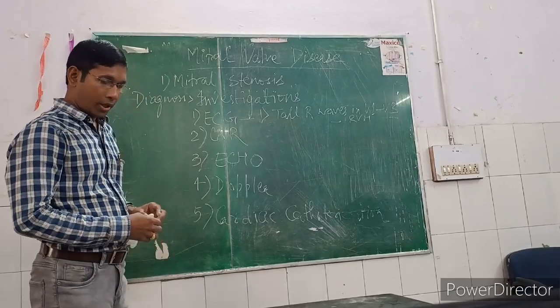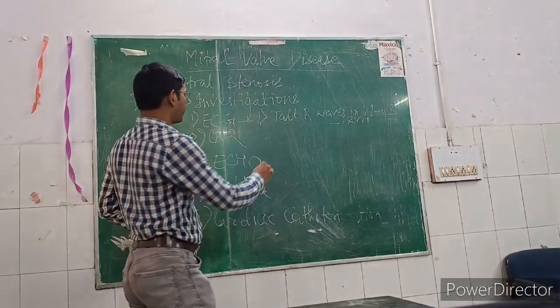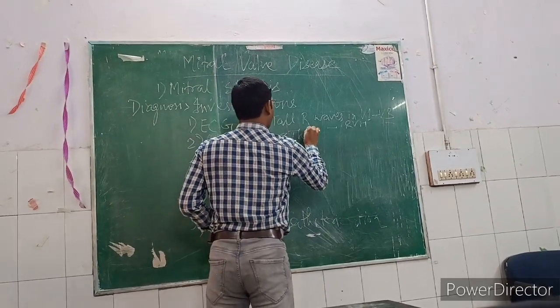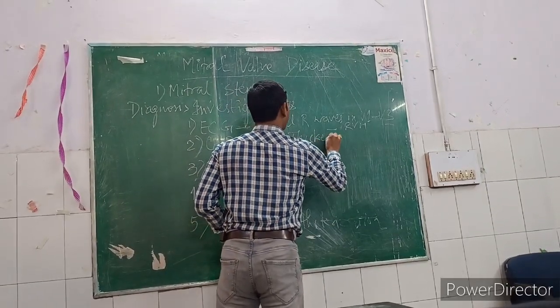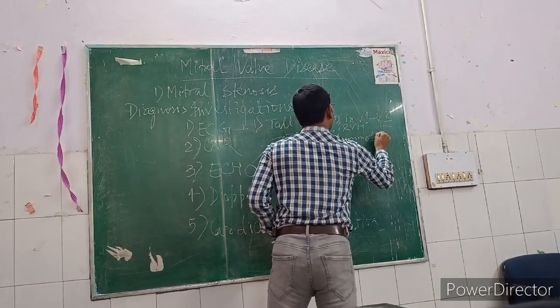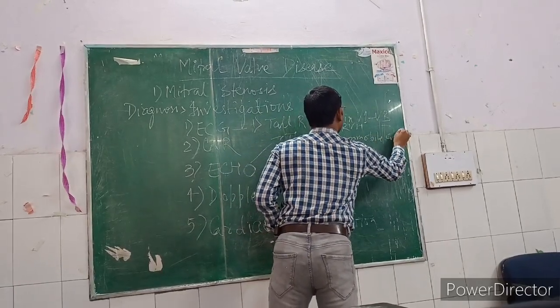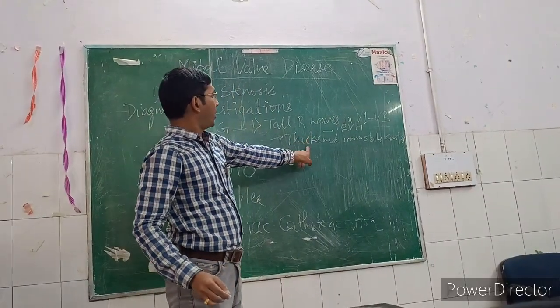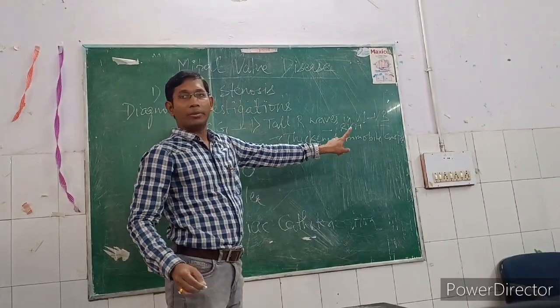In echo we can have thickened, immobile cusps. The mitral valve cusps may be thickened and immobile.